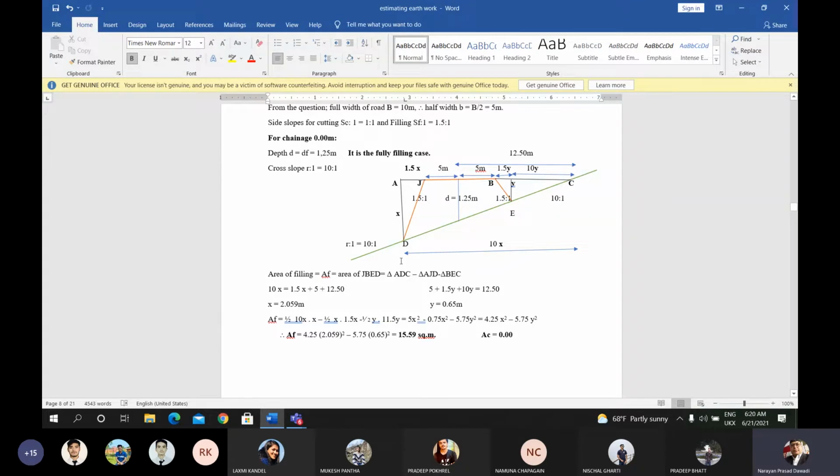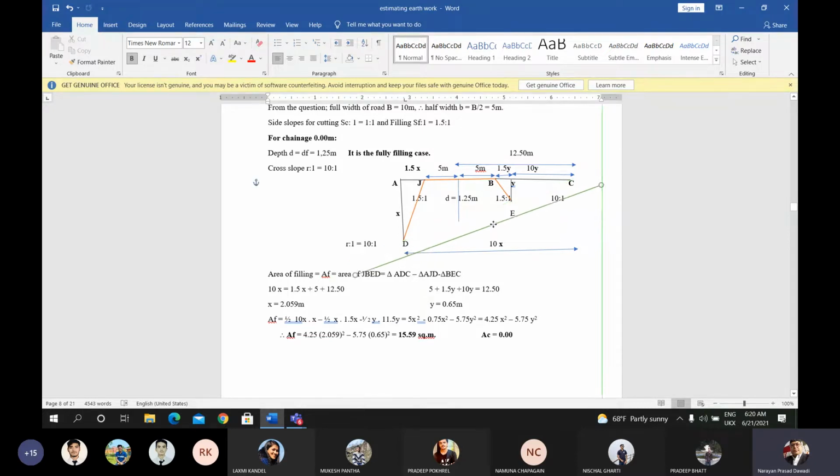Now, from this section, we have to calculate the sectional area of this filling portion. Because it is not a geometrical figure like a trapezoid, we cannot calculate the quantity of earth using it, because this is not a plain road. This is the inclination of the ground surface.